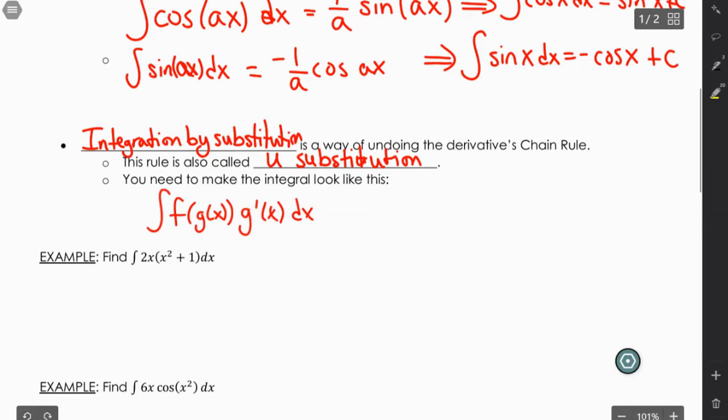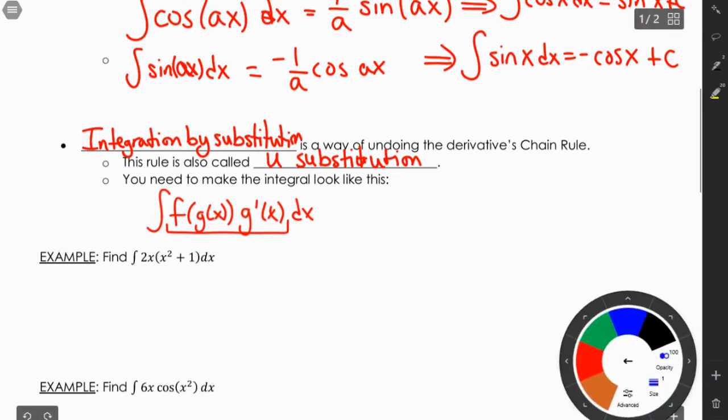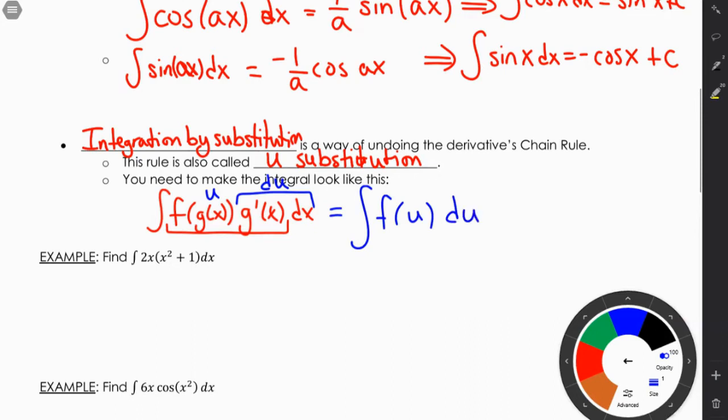We call g of x u, and g prime of x dx is going to be du. So the integral ends up becoming the integral of f of u du.